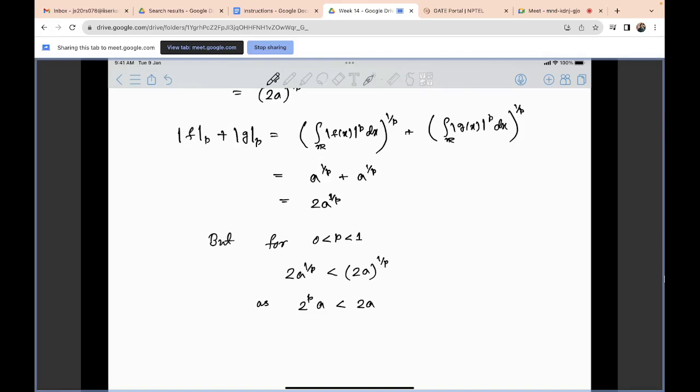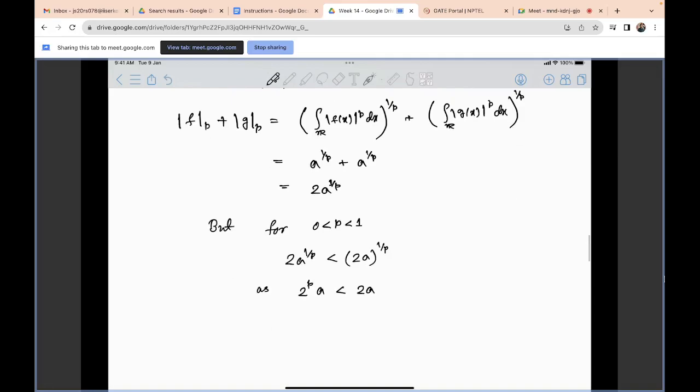So this is true because p is less than 1. So for p less than 1, this is true. So what is (2A)^(1/p)? The norm of f plus the norm of g is strictly less than the norm of f plus g.